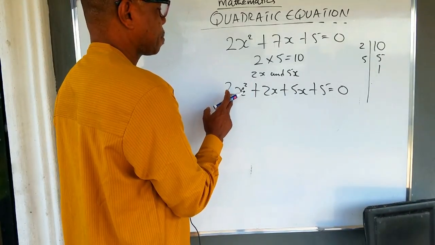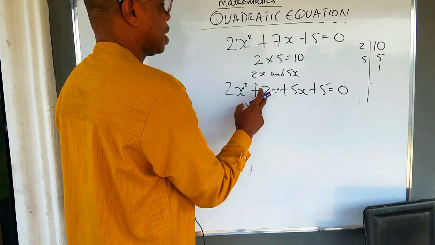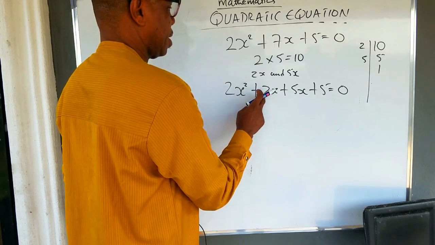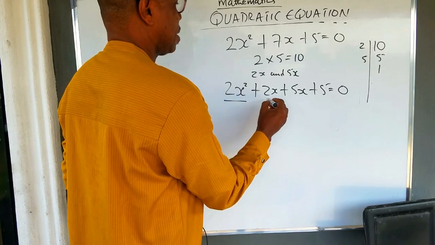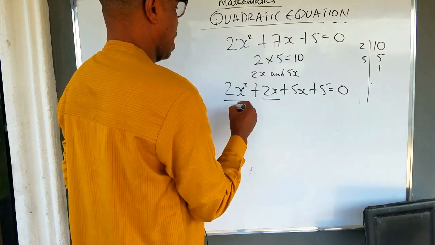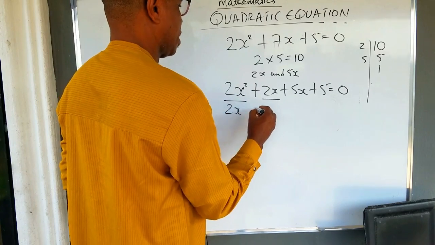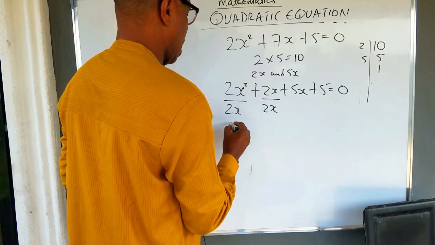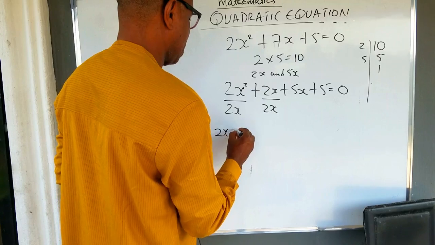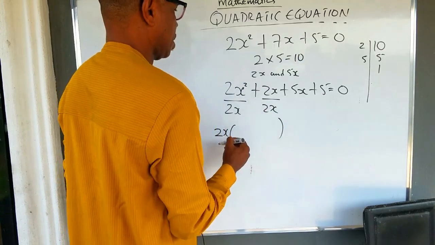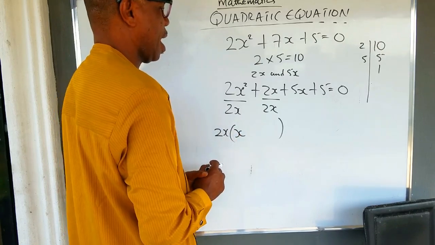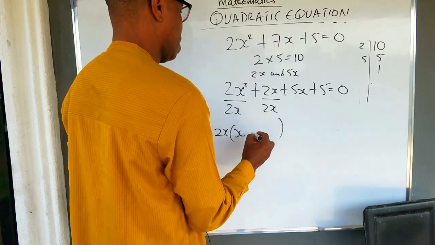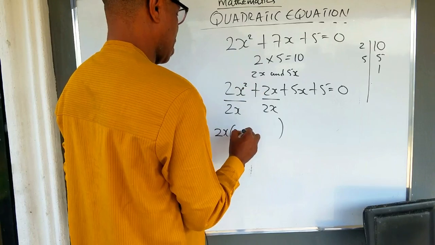Since we have 2x here and 2x here, it's very convenient for me to divide both sides by 2x and 2x. And I'll bring the 2x outside also, open the bracket for these two sides. 2x divide 2x, what I will have left is x. 2x divide 2x squared, what I will have left is x.